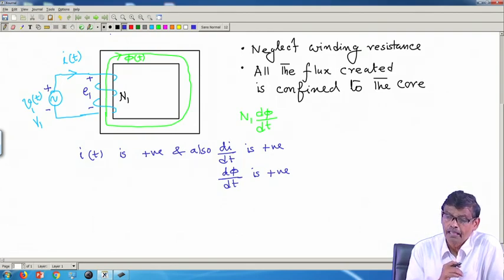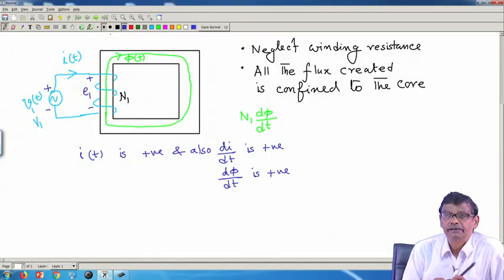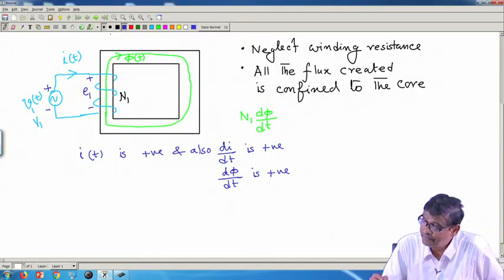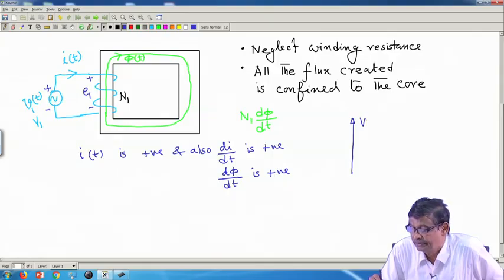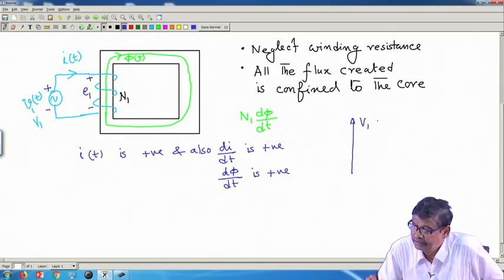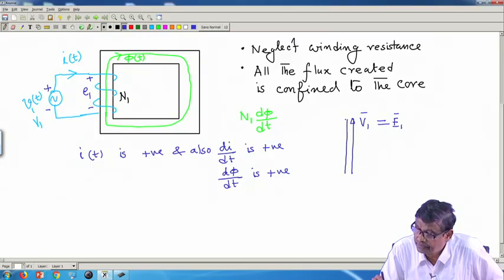But nonetheless, these two voltages will have the same variation with respect to time. If you draw the phasor diagram, this is V1 and this is also E1, that is, both V1 and E1 are in phase.